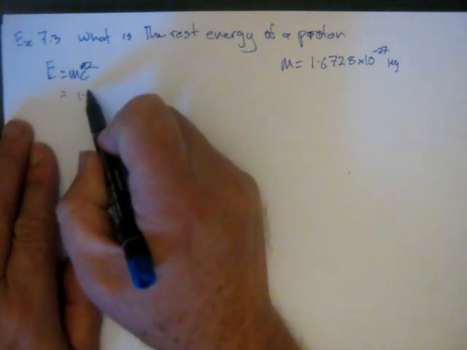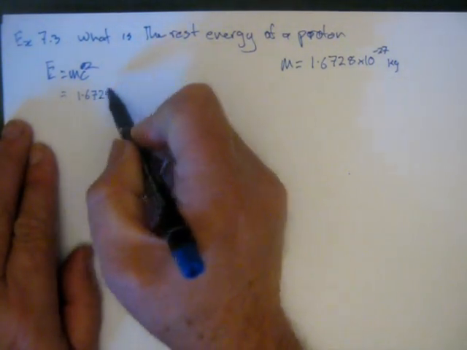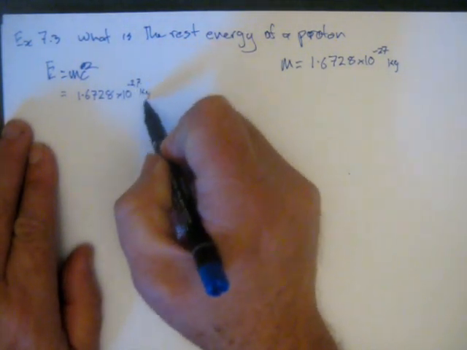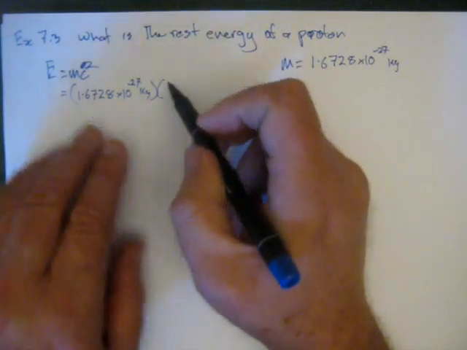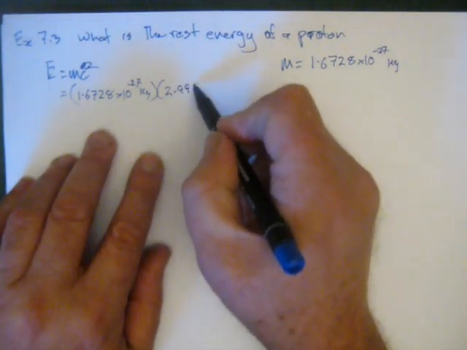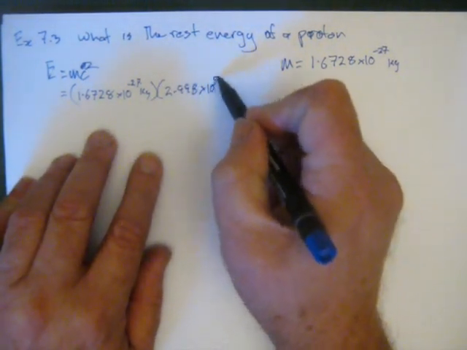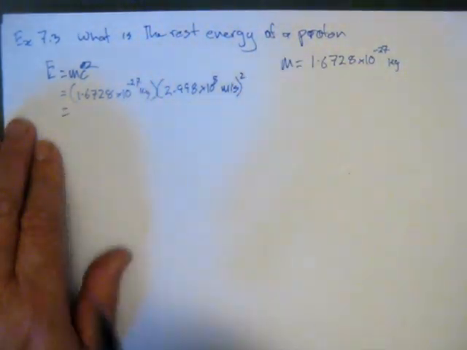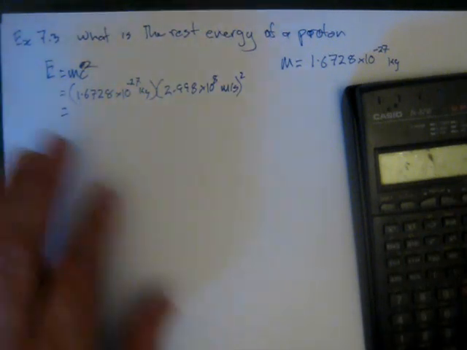So E equals 1.6728 times 10 to the negative 27 kg times the speed of light, which is 2.998 times 10 to the 8 meters per second, squared. And then, as they say, it's calculator time.